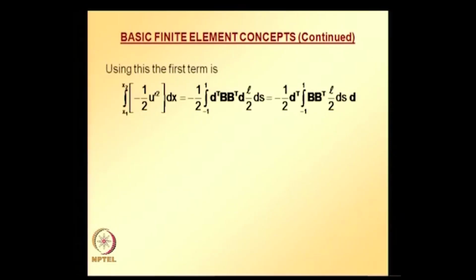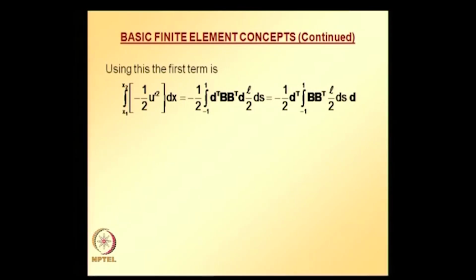U prime square is written as u prime transpose u prime, where u prime is B transpose D. So B transpose D transpose B transpose D, and if you apply your matrix knowledge, you can simplify it into D transpose B B transpose D. You know what D is and you know what B is, you plug in all those things, you get this one, and you can do all the matrix and vector multiplications and write it compactly.